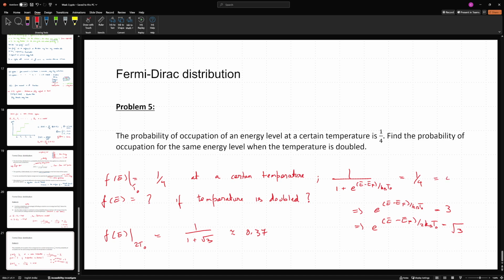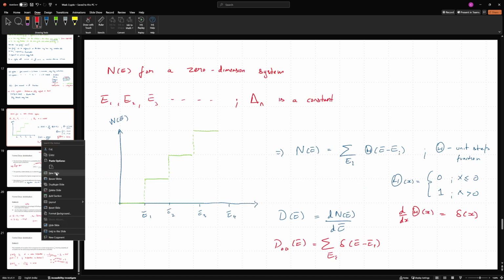So this was 0.25. So this tells us a very important thing about the Fermi distribution function. Okay, how should I put this? Yes, I need to make a new slide. I will make one here, drag it down.